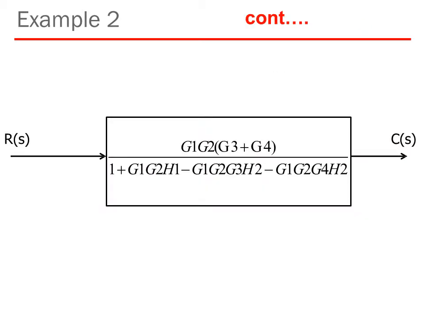This will become G1 G2 into bracket G3 plus G4 divided by 1 plus G1 G2 H1 minus G1 G2 G3 H2 minus G1 G2 G4 H2.